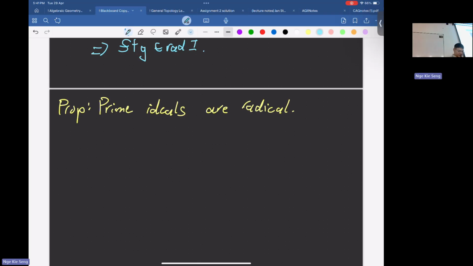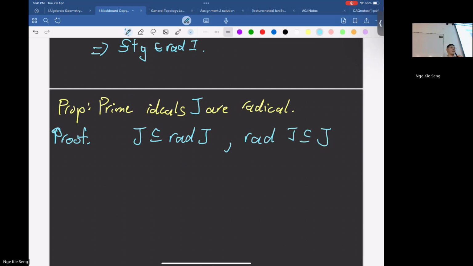Well, which direction is easier? Let's call our prime ideal J. Which one is easy: J in rad J, or rad J in J? J in rad J is easy.